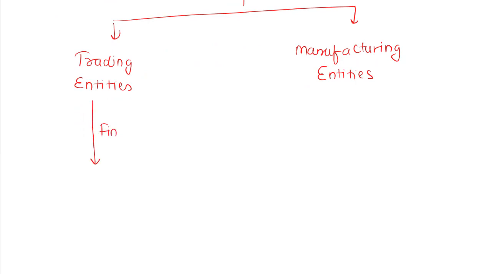The final account of trading entities consists of trading account, profit and loss account, and balance sheet.